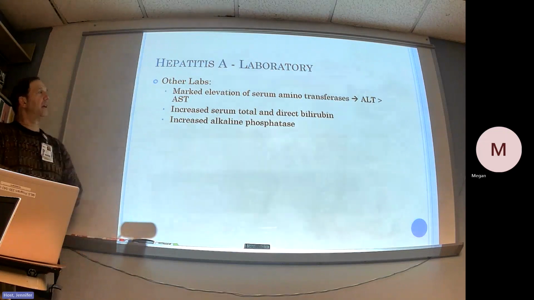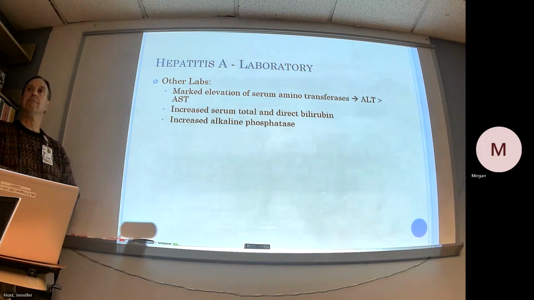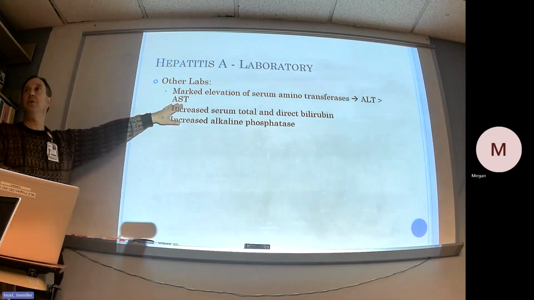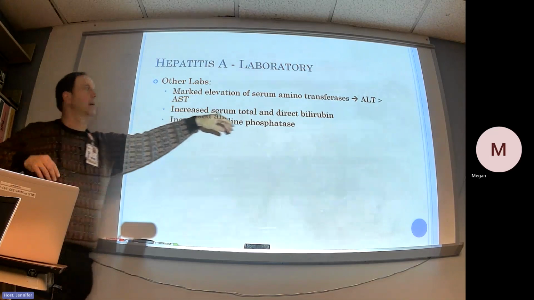So why do you get elevation of the serum transaminases? How come? After dying? Yeah, so what are you throwing your enzymes into from the hepatocytes? Right. So AST is really big in the mitochondria.